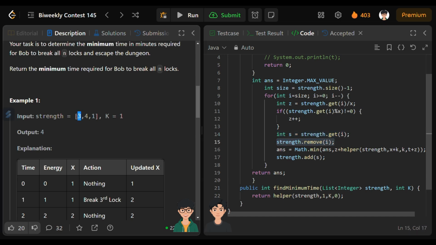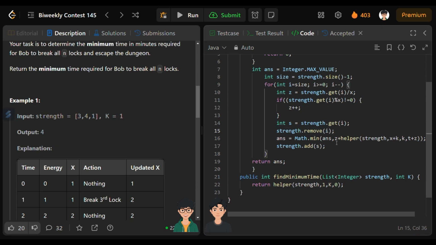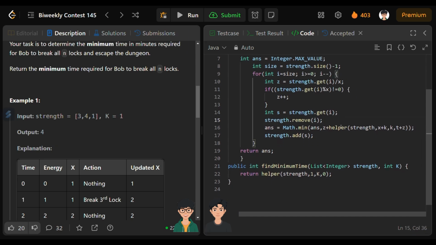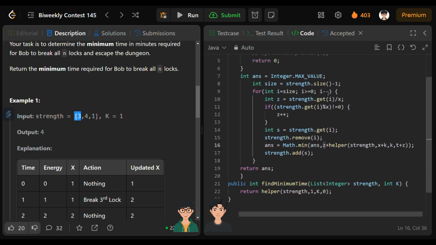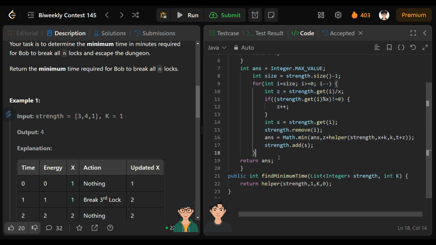If I broke 3, I will remove that from the array, and my array list is now 4 and 1 only, and I will call the function again, and it will return the minimum time required to break only 4 and 1. And z is the time required to break 3. So z plus that will be the answer, and I will do this for every combination, and the minimum will be the answer.